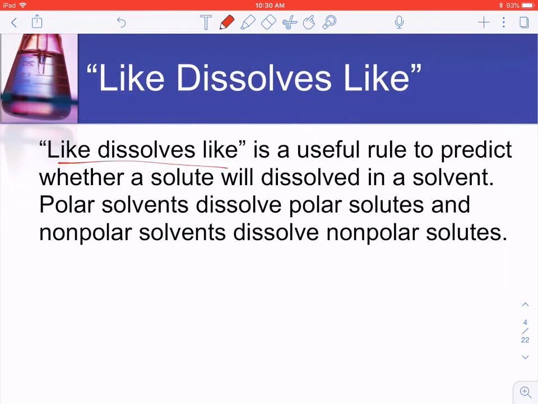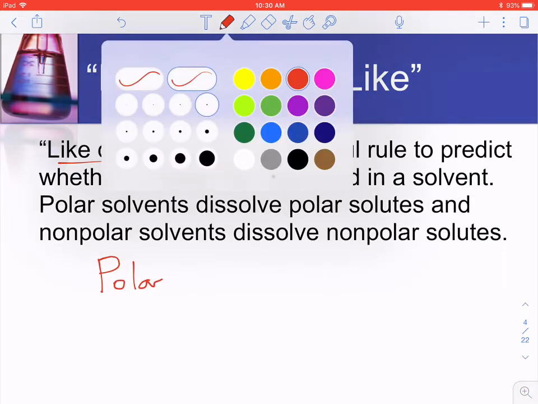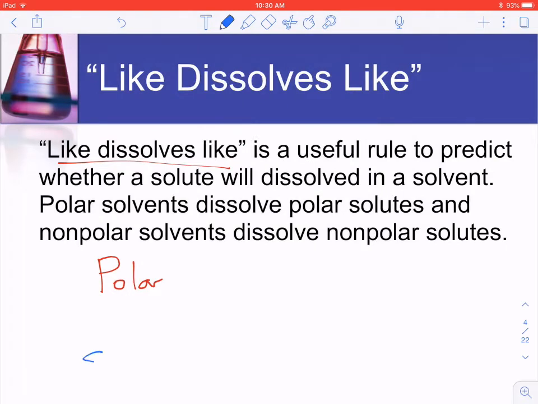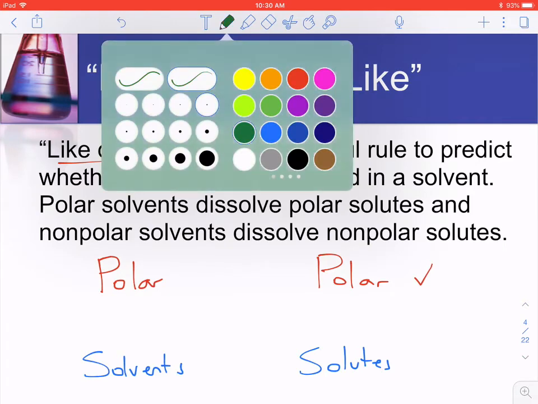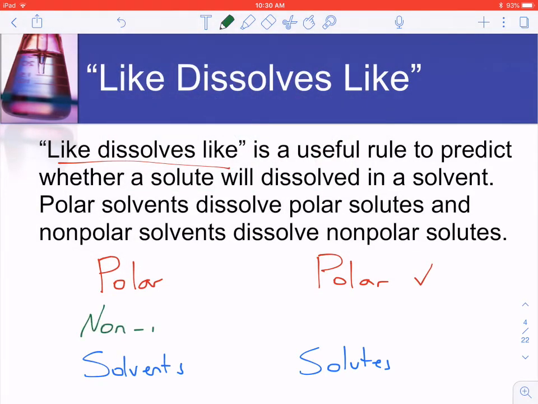So again, all of this is to say that like dissolves like. So like dissolves like means the following. It means that polar solvents, if I talk about the solvents over here on the left, so these will be my solvents. Polar solvents are able to dissolve polar solutes, so that does work, and nonpolar solvents are able to dissolve nonpolar solutes.